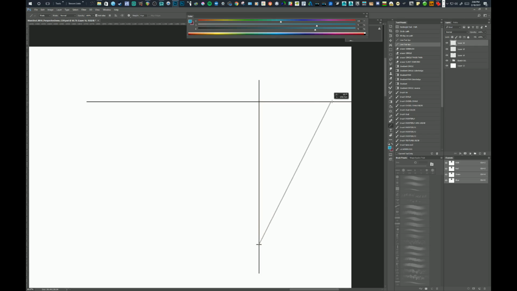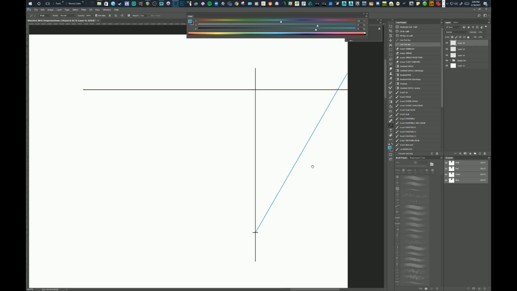So this is on a separate layer, and we said 60 degrees to the right, so 90 is straight up, which means that 60 degrees to the right is going to be accurate. All right.